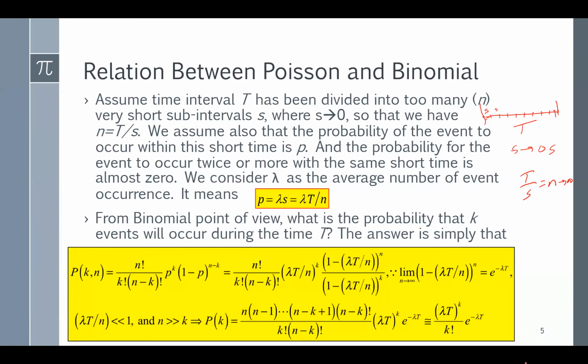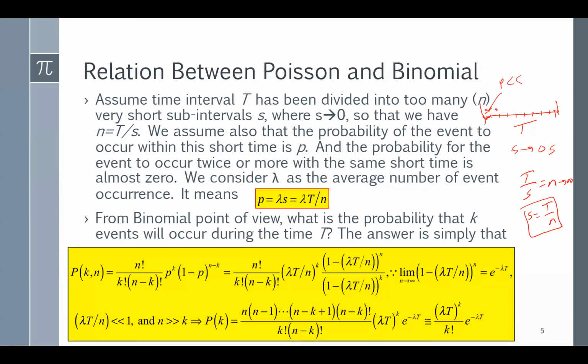You can see here that S will be T divided by N. They are small enough that there is no chance to have two successes happen in one time slot, because the probability of success or of failure per time slot is also very, very small.